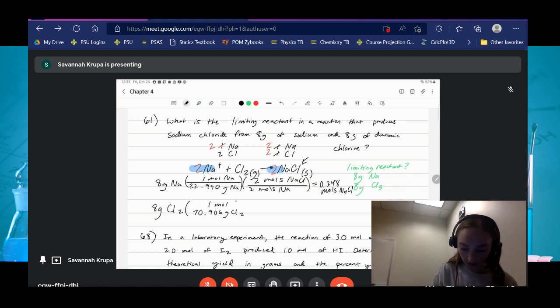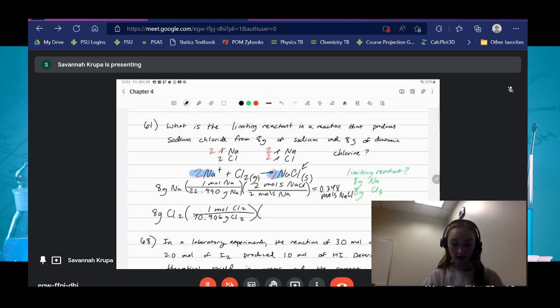In the ratio we have 1 Cl2 for every 2 sodium chlorides, which is different than the last mole ratio. So for every 1 mole of Cl2, we have 2 moles of sodium chloride, and multiplying that out, we get 0.226 moles of sodium chloride.